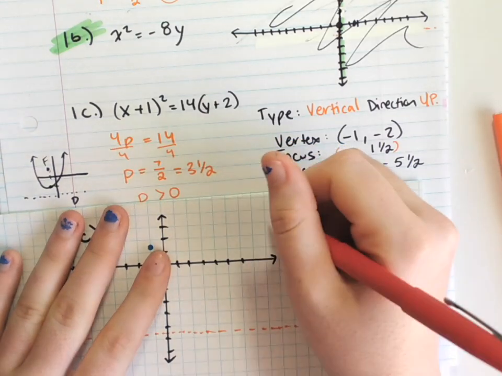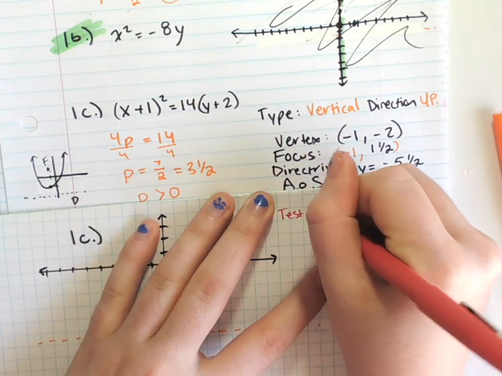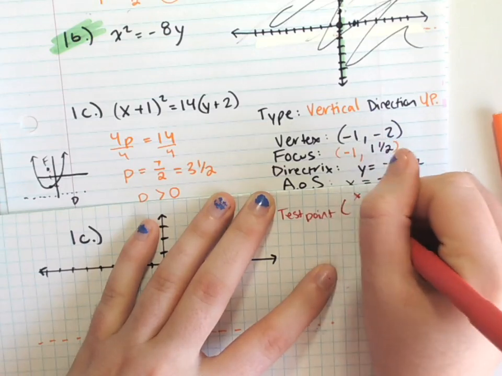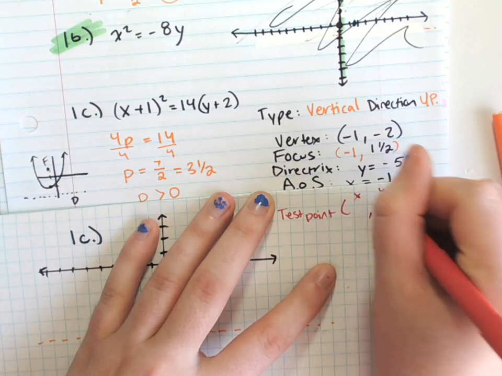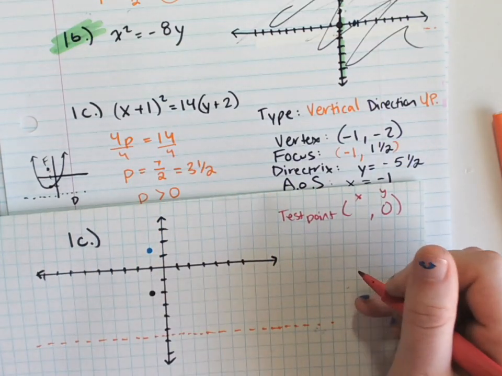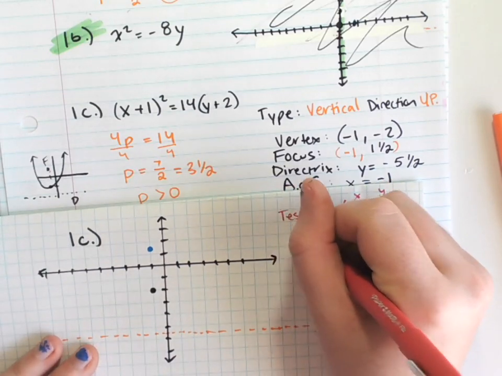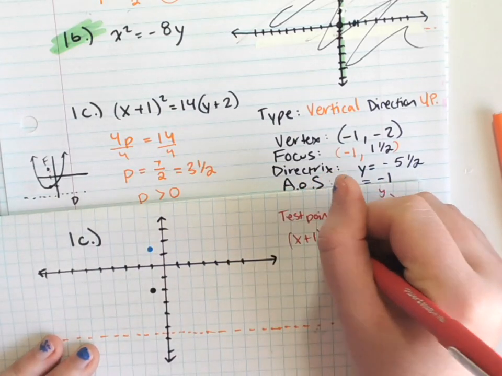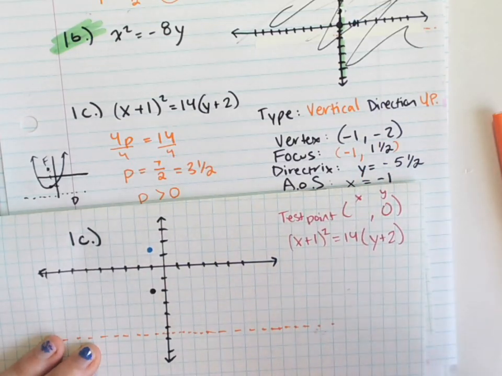So let's say my test point, I'm hunting for an x given I'm testing 0 in for y. So my equation says x plus 1 squared equals 14, y plus 2.